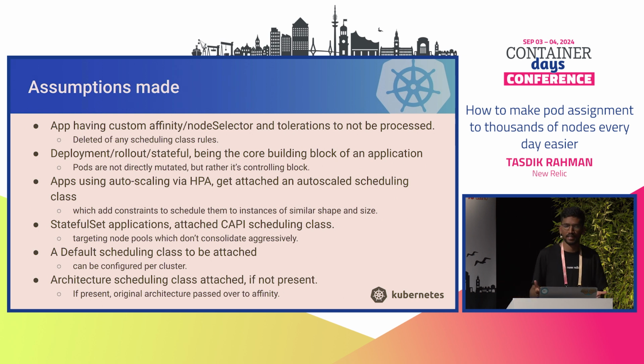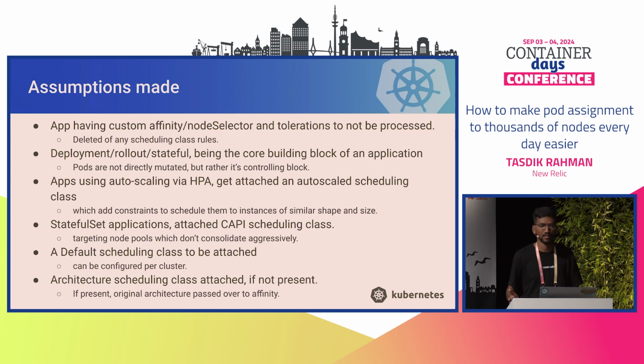What it does at the end is add constraints to schedule them to instances of similar shape and size. Some applications using auto-scaling are very sensitive to different instance families, and we would want to limit them to only being deployed to the same instance family, but not different instance families. Which is why we ended up using another scheduling class for that, which we just named the auto-scaling scheduling class.